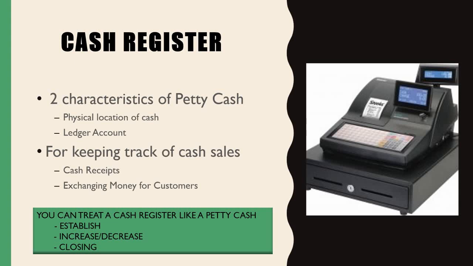Now, for keeping track of the cash sales, you are going to find some kind of method to keep track of all cash receipts, and again, you're going to be exchanging money for those customers. So in order to keep track of the money that goes in and out of the cash register, it would technically be the sales receipts.